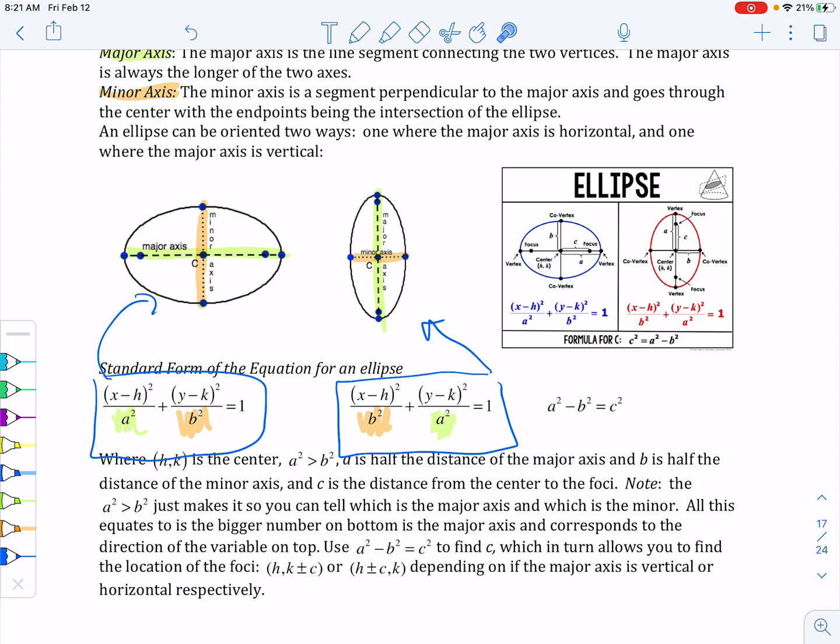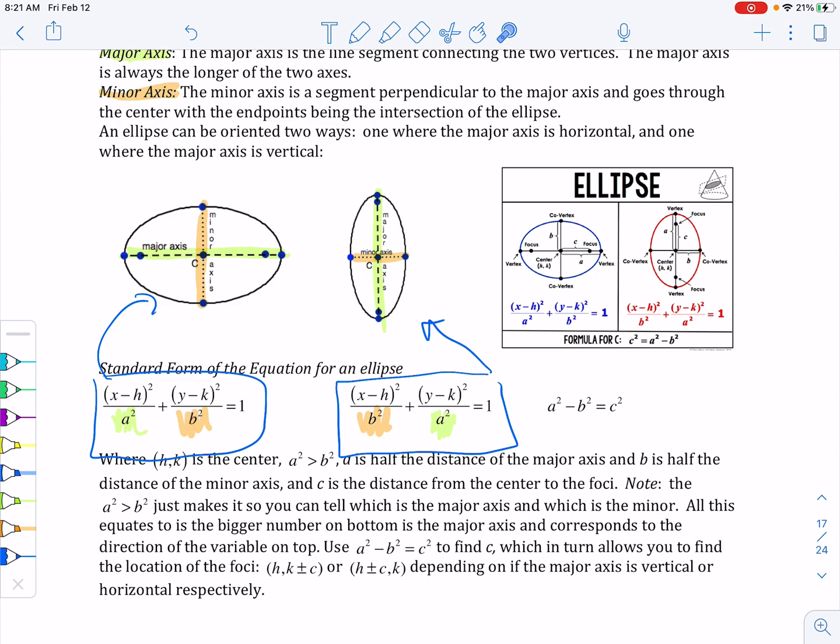Here, the A value is bigger, so it's longer in the y distance than in the x distance. The only reason we have A squared bigger than B squared is to define which one is the major axis and which is the minor axis. I like to remember it as whichever one it's underneath is which it goes with. This goes with the x's, this goes with the y's.